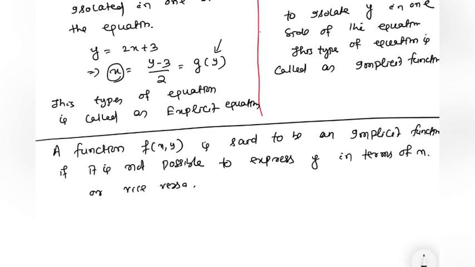What does it indicate? Expressing y in terms of x or x in terms of y is not possible in the case of implicit functions.